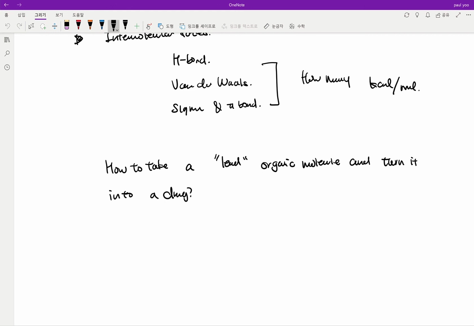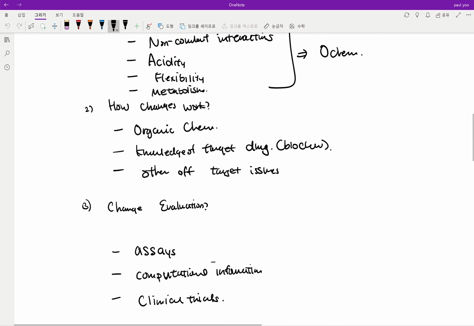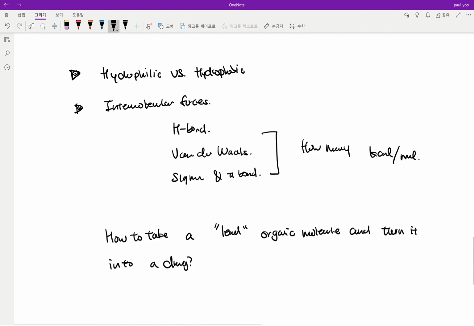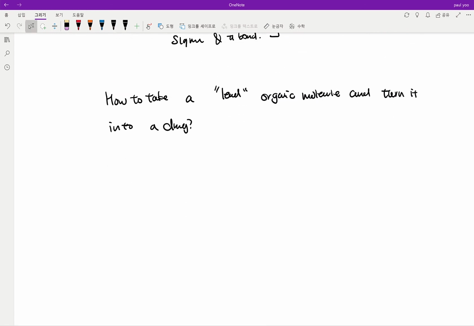And how do you change the properties of the molecule? So this is the main theme of pharmaceutical chemistry.